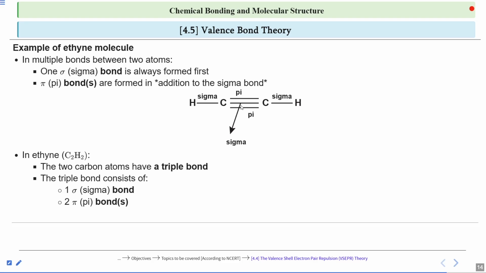You can see it very clearly here. So out of these 3 bonds, the first one is formed as sigma and the other 2 are pi. What about the other bonds in this molecule? Those are between C and H, and those are sigma. So overall, in the ethyne molecule, we have 2 pi bonds and 1 sigma bond between the 2 carbon atoms, and 1 sigma bond in each carbon-hydrogen bond.